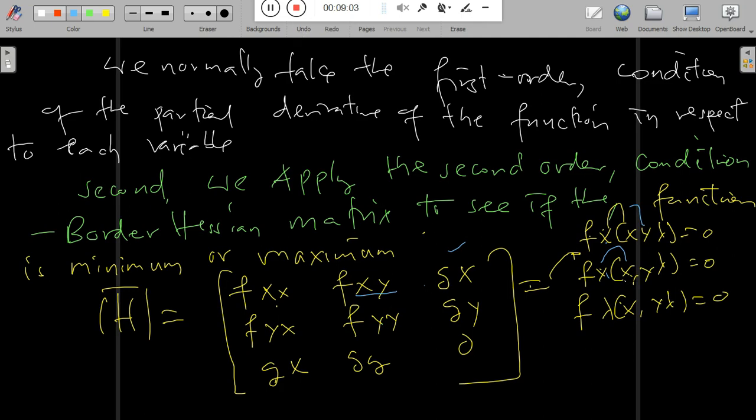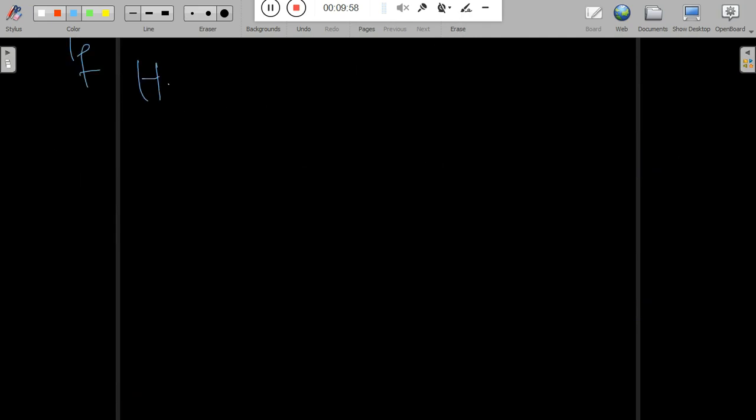Again, we take L_y with respect to x, that gives you f_yx, L_y with respect to y gives f_yy, then g_y. And the derivative with respect to lambda gives g_x, g_y, which is equal to 0. So we develop the bordered Hessian matrix with respect to the partial derivatives that we obtained from the construction of the budget line.